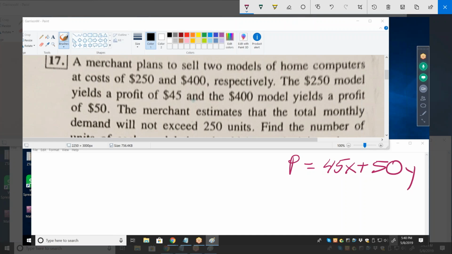Can you give me an inequality that satisfies that sentence? So would that be x plus y is less than or equal to 250? Perfect.